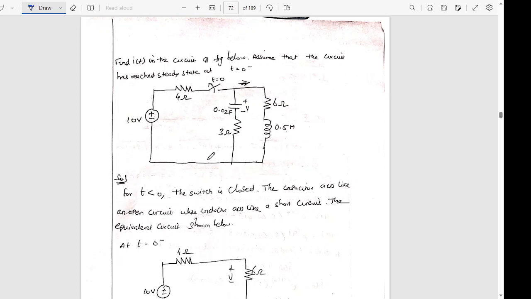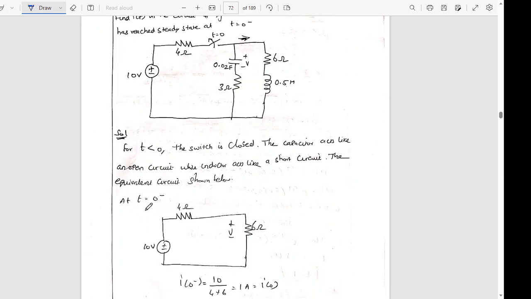So at t = 0 the switch is getting opened. So I am going to consider a time just before the switch is opened, which is t = 0⁻. So 0⁻ is just before 0.